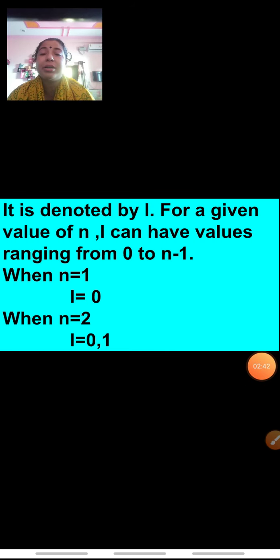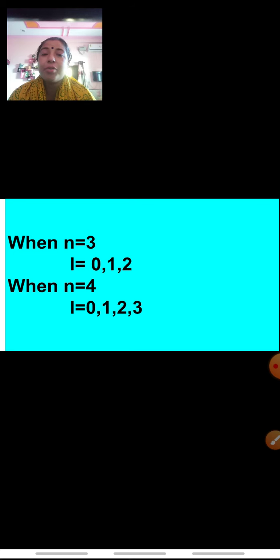Like for example, when we have the value of n as 1, then the value of l will be only 0. Similarly, when the value of n is 2, the value of l will be 0 and 1. When the value of n is 3, then l will be equal to 0 to n minus 1, that is 0 to 2, that is it will be 0, 1 and 2. Similarly, if n is equal to 4, l will be equal to 0, 1, 2 and 3.